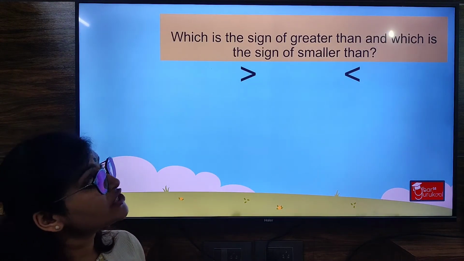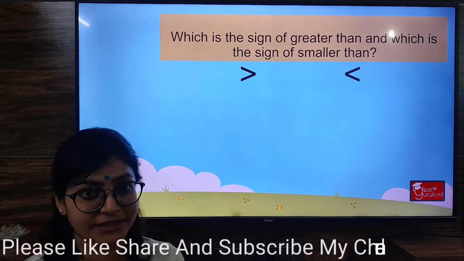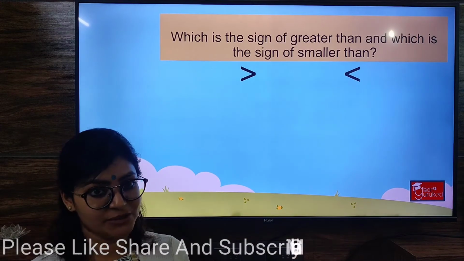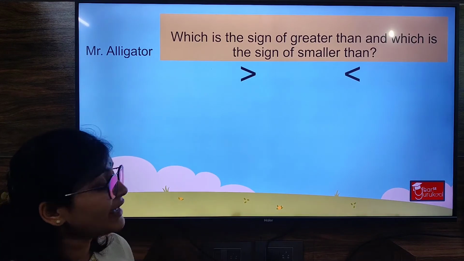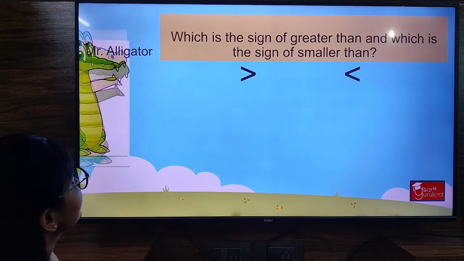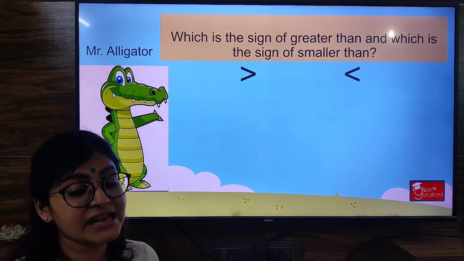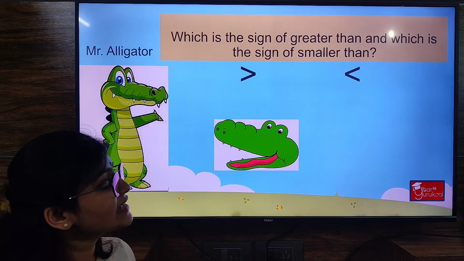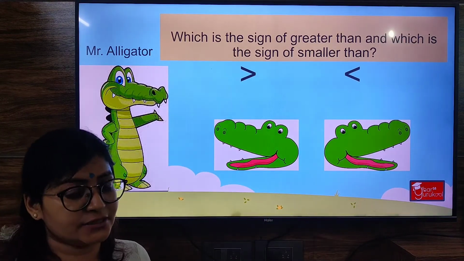Now, which is the sign of greater than and which is the sign of smaller than? Because both these signs look like the mirror image of each other. So for that, we have Mr. Alligator with us. And he told us that both these signs are not two, they are one. And these signs are actually the open mouth of this alligator.